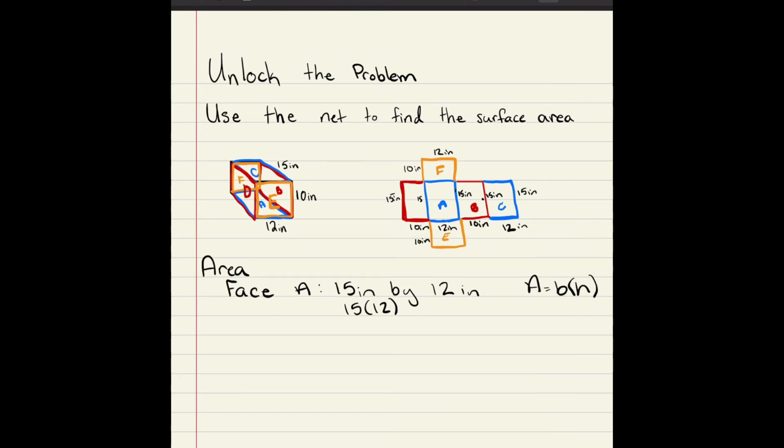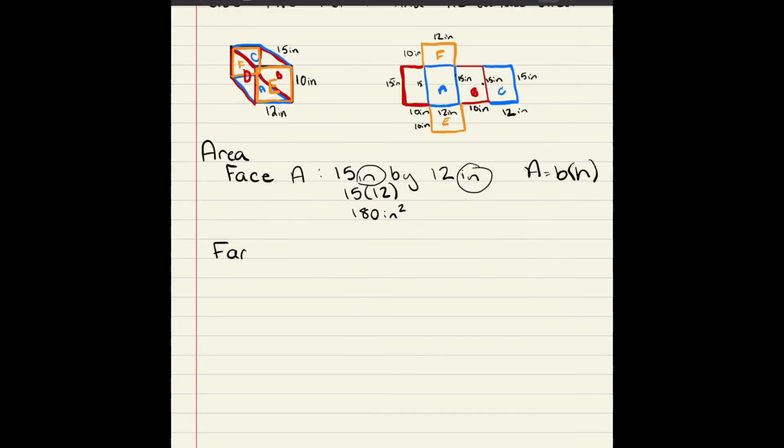So 15 times 12, let's do it over here. 2 times 1 is 2, plus 1 is 3, 0, 15, 0, 5 plus 3 is 8, plus 1. So I have 180 inches squared, because I'm multiplying an inch and an inch. That's for face A.